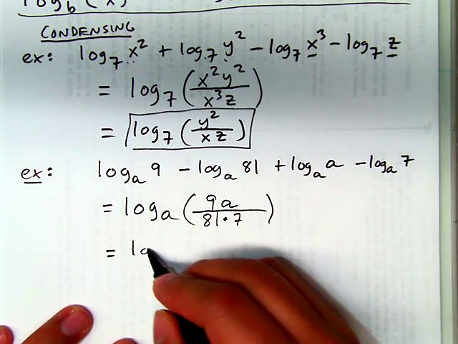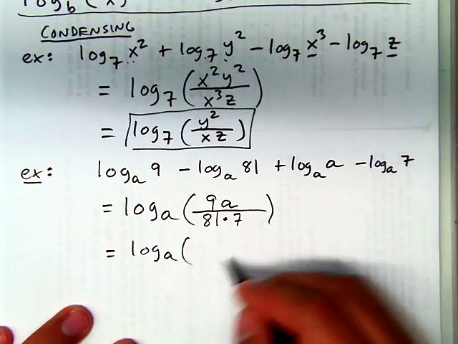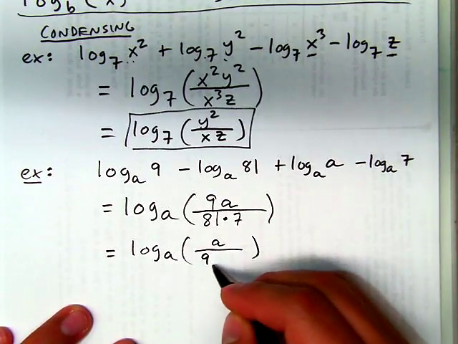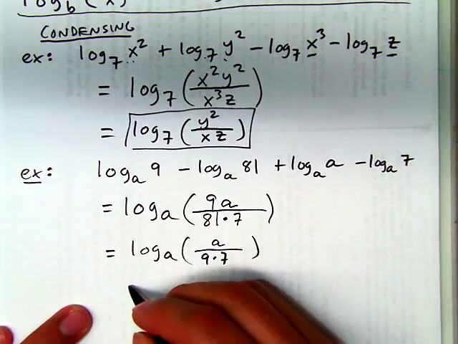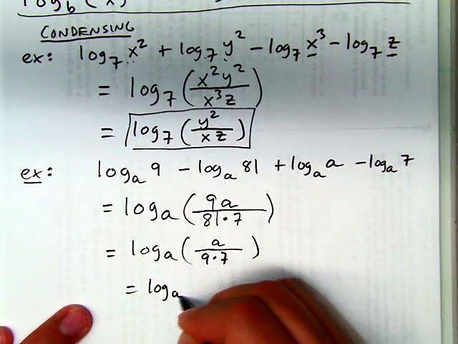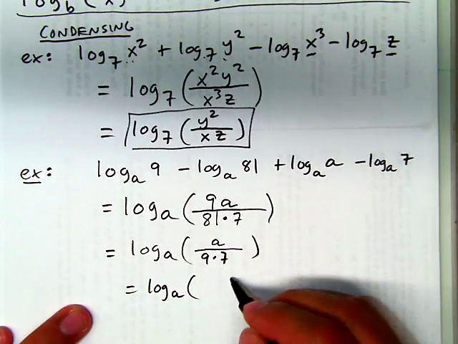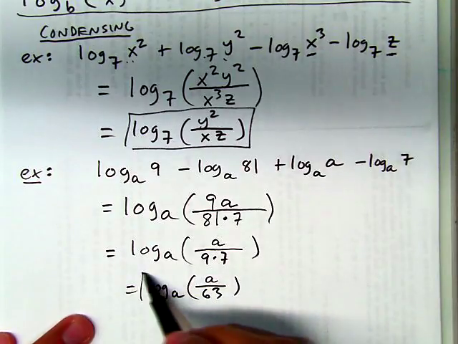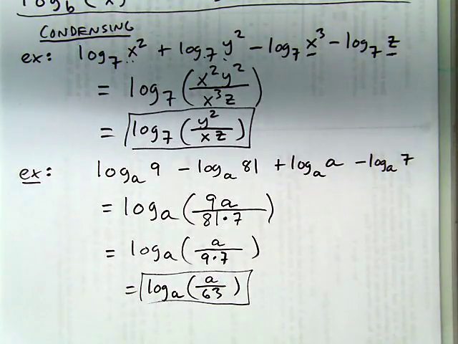So then this becomes log base a. We can simplify 9 over 81, so it's just 9 in the denominator. So then this is going to be log base a of a over 63. Okay, so that's some basic condensing examples.